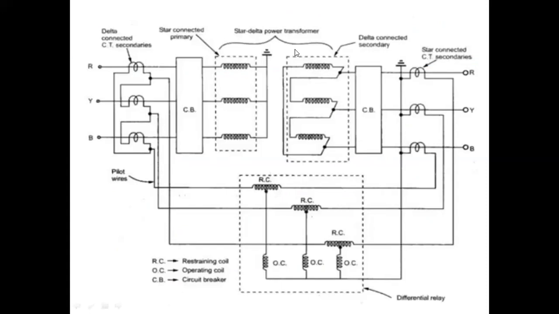so here you can see the transformer. This transformer's primary is connected in star and secondary is connected in delta. To both sides of this transformer, two circuit breakers are there.